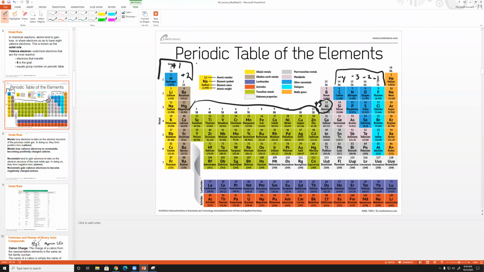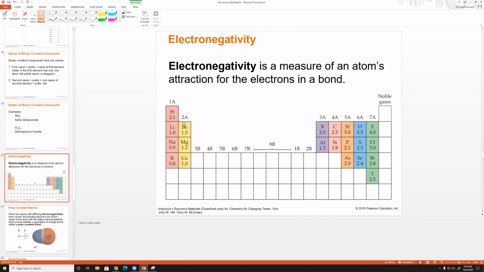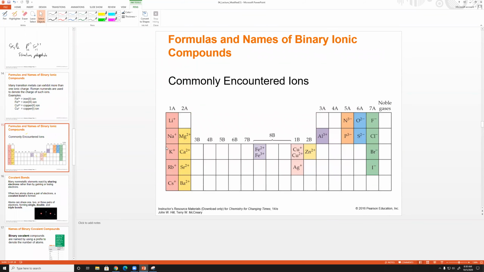These are the ones you have to know based on the periodic table that I showed before. But you notice how everything else in white, and even iron and copper, have charges that can vary. So how do we know what the charge is?